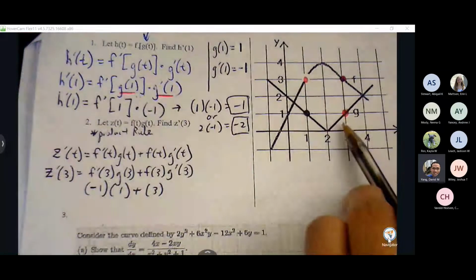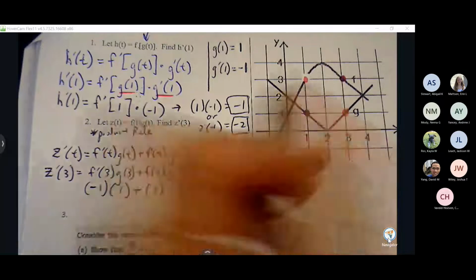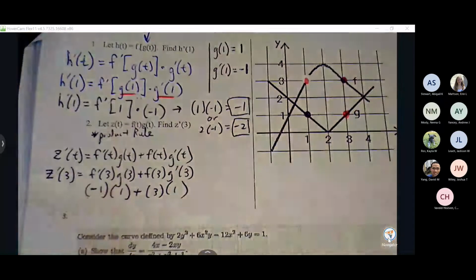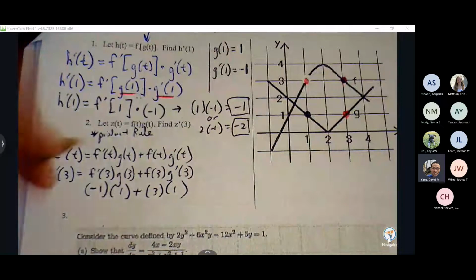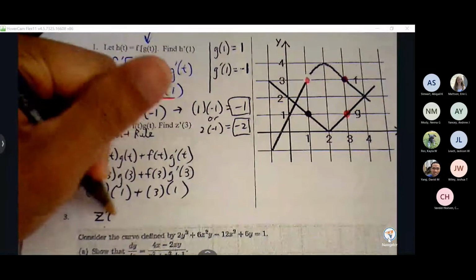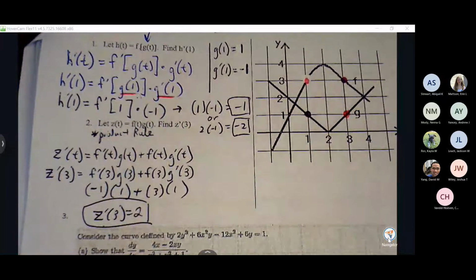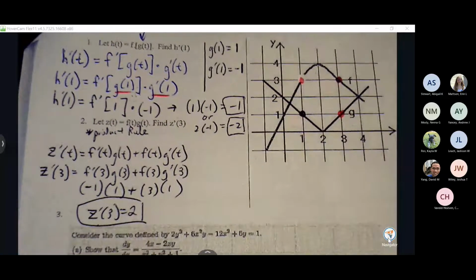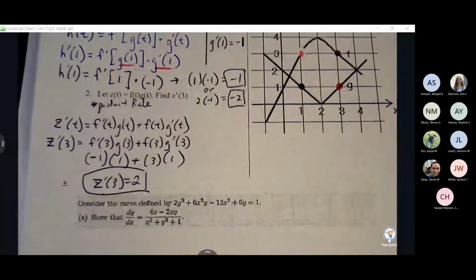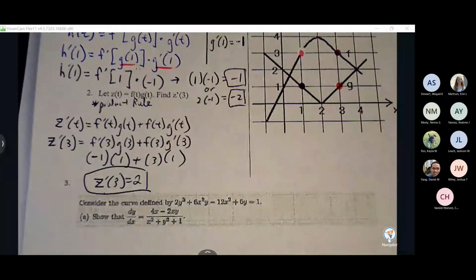G prime of 3, the slope of the g graph at 3 is +1. -1 plus 3 is 2. Okay, any questions with 1 or 2?